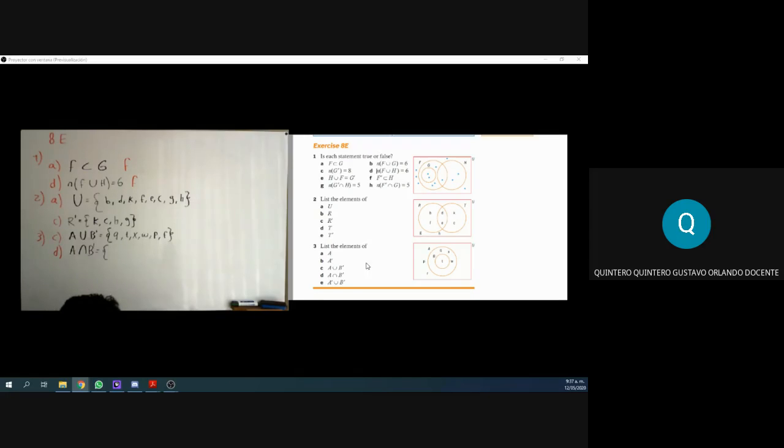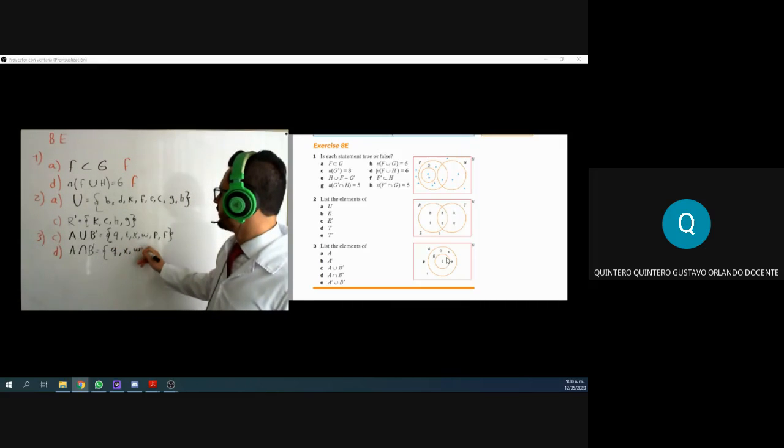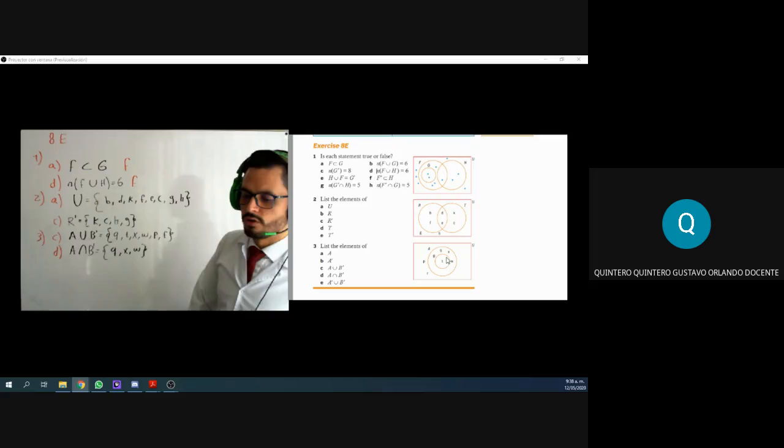Well, not T, T is inside. So the only ones that are outside are going to be Q, X, and W. So let me write them right here. Q, X, and W. Curly bracket closing down, and we are good to go.